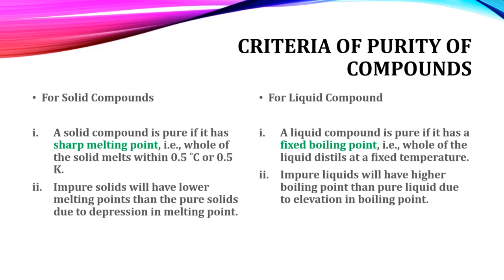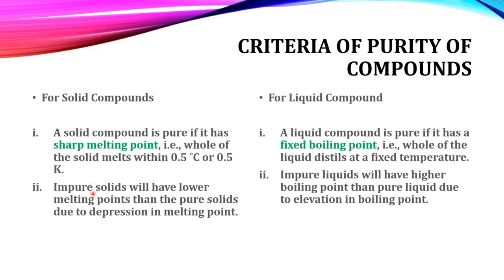If you are given a sample, first of all, identify whether it's a solid or a liquid. Then, if it is a solid, check for its melting point. If you find that the melting point is sharp, meaning the entire solid melts within a temperature range of 0.5 degrees Celsius or 0.5 Kelvin, then you can say that the compound has a sharp melting point. So if a compound has a sharp melting point, that means that solid compound is a pure compound.